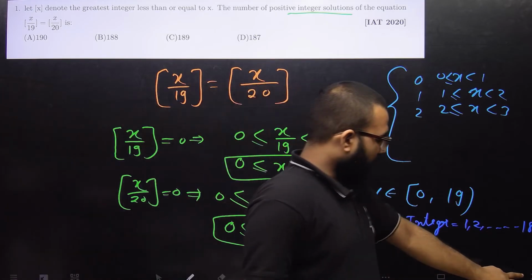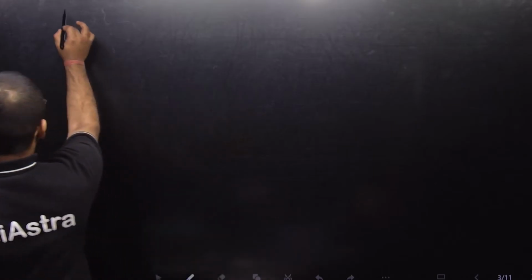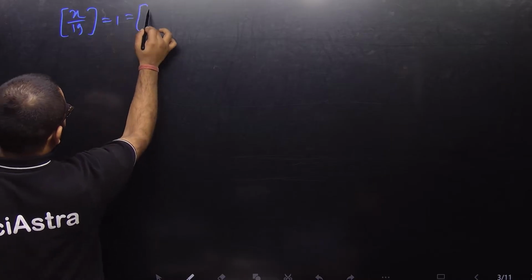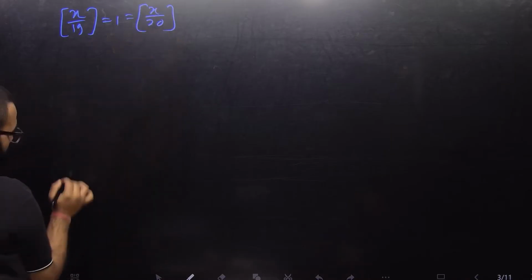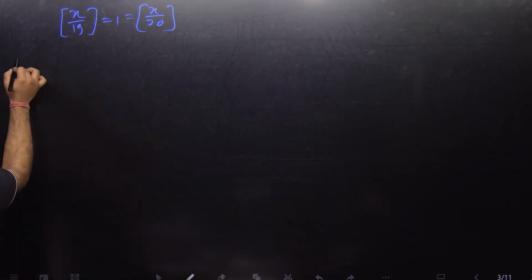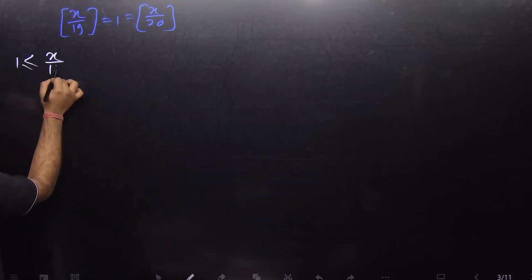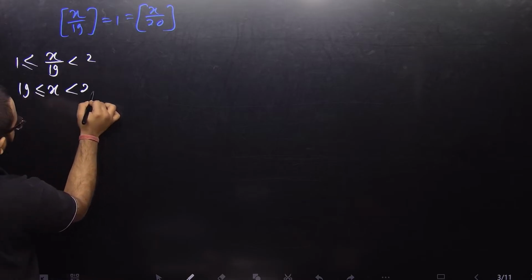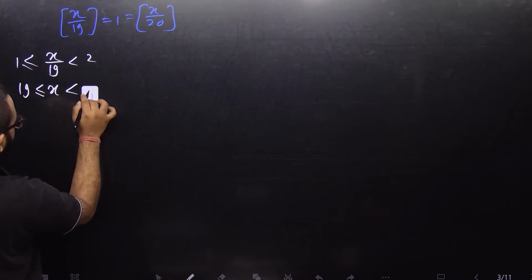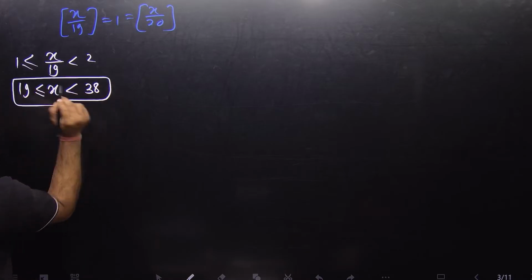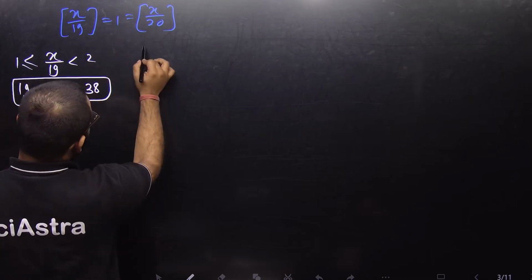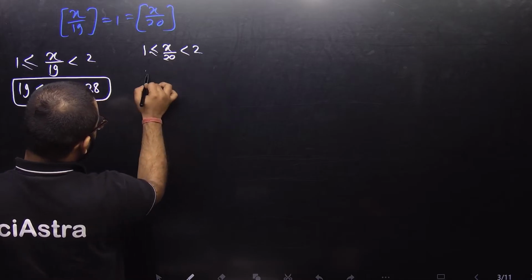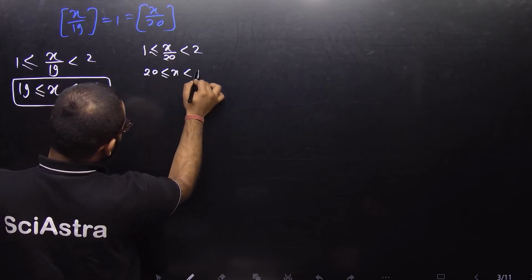So let's discuss when this is equal to 1. All right. So floor of x by 19 equal to 1 equal to floor of x by 20. If floor of x by 19 equal to 1, that means x by 19 belongs to 1 to open 2, so 19 to 38. So the value of x lies between 19 to open 38. When floor of x by 20 equal to 1, x by 20 belongs to 1 to open 2, so our values are 20 to open 40.